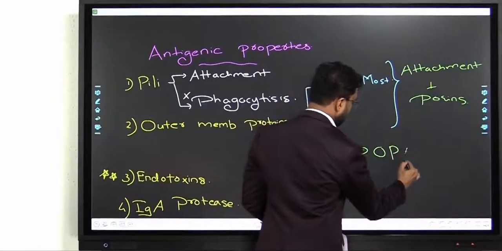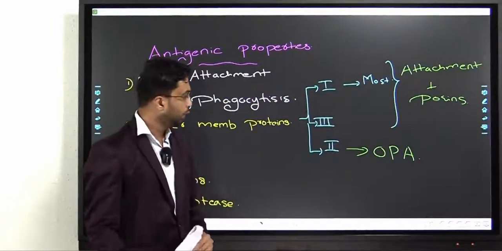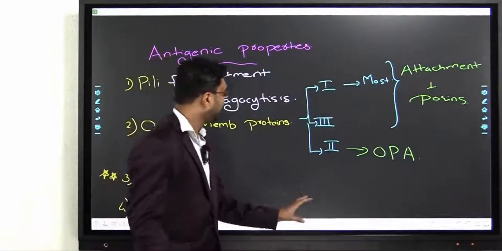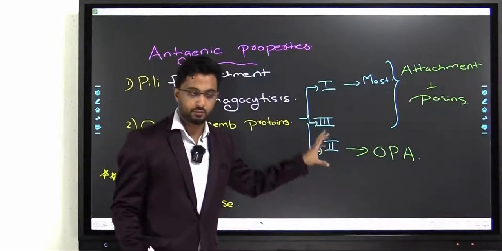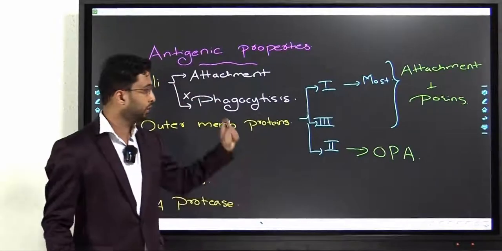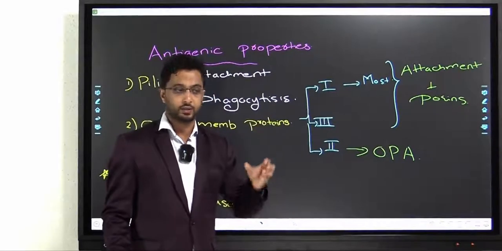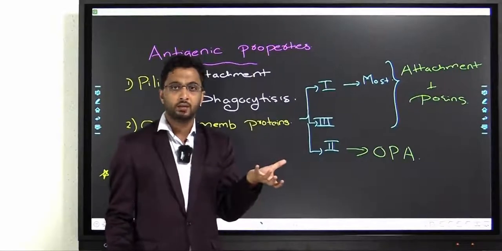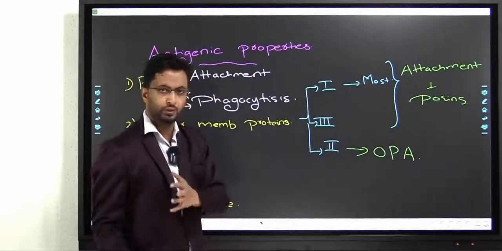Type 2 is the opacity associated outer membrane protein, OPA. Opacity associated outer membrane protein means if a Neisseria gonorrhoeae has outer membrane protein 2 and it secretes it, or if it is present, you will see the colonies are much more opaque. If they don't have this, the colonies are very clear. You don't need to learn this.